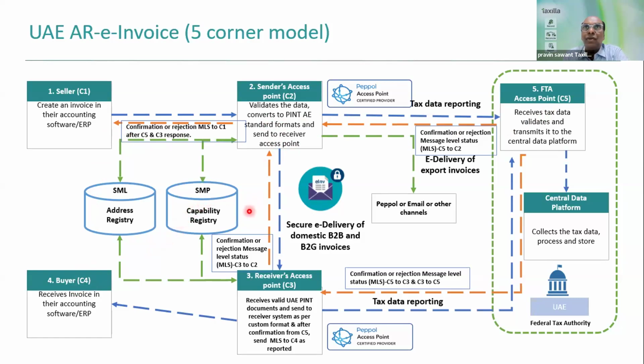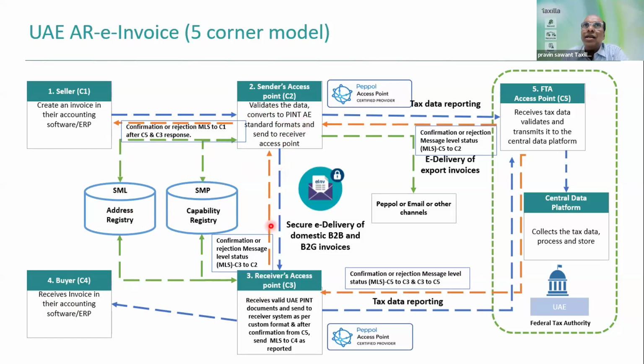So how will this transaction happen? Consider you are doing export to Singapore. When you send this data to the corner 2 ASP, SNB will validate the data. After that, it will know this data has to be shared with Singapore. From the SML, we will come to know your buyer's authorized service provider in Singapore. Now, the UAE format is called Pint AE XML format.